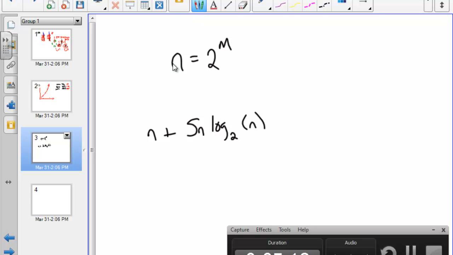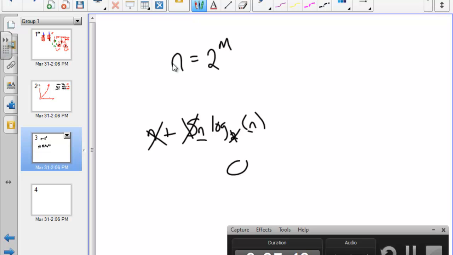Again, we're not going to worry so much about the coefficients, and we're going to even drop the base because all logarithms are related by a constant factor. So we're going to simplify all of this down. I do have an n in the front here. Don't worry about the constant. I've got an n, drop the base, and another n.